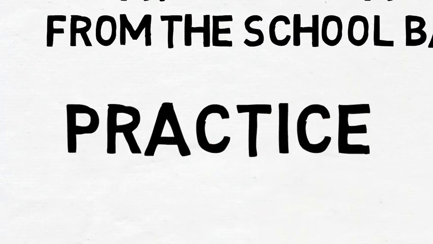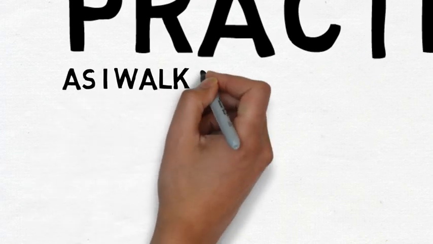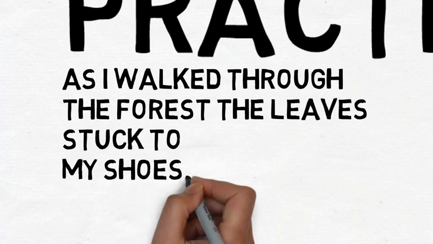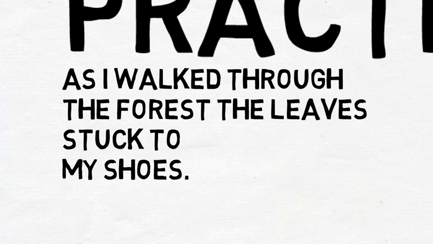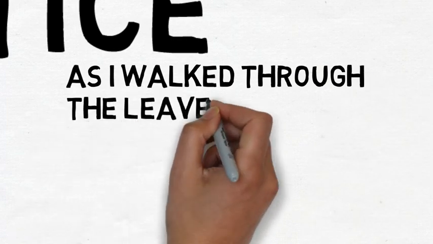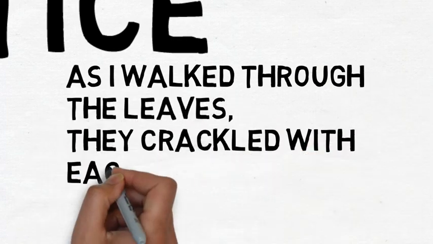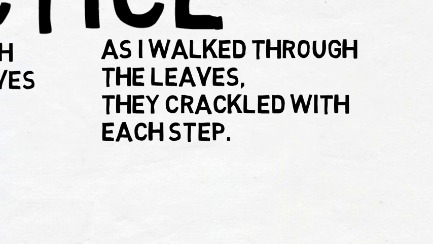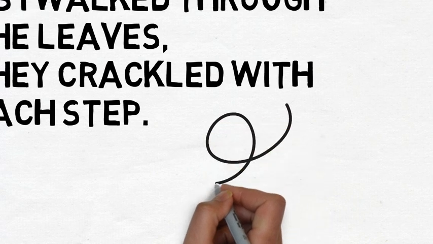Okay. Take a look at this onomatopoeia practice. Which of the following sentences use onomatopoeia correctly? Number 1, as I walk through the forest, the leaves stuck to my shoes. Or, as I walk through the leaves, they crackled with each step. Which one? Alright, the second one. Which word? Crackled.